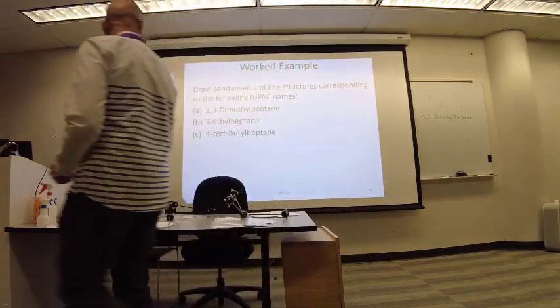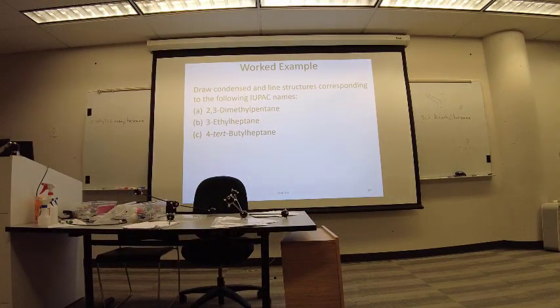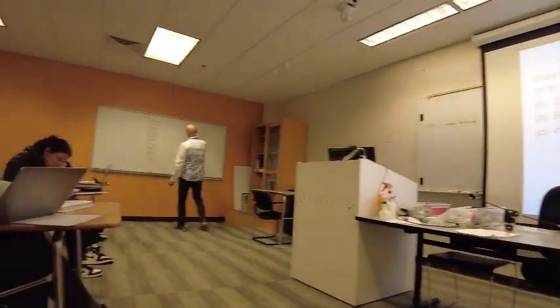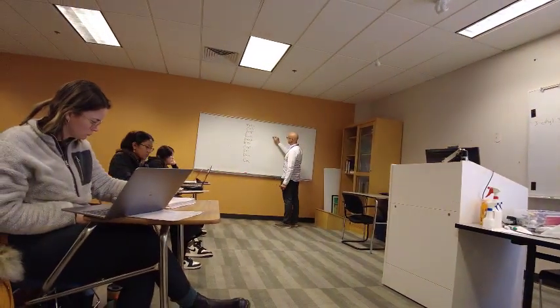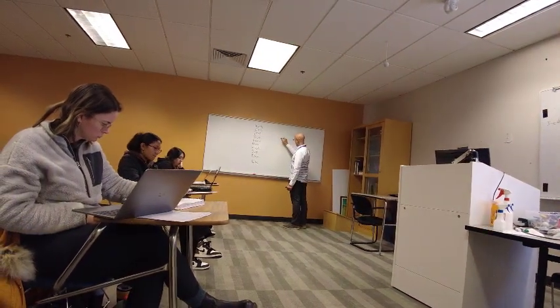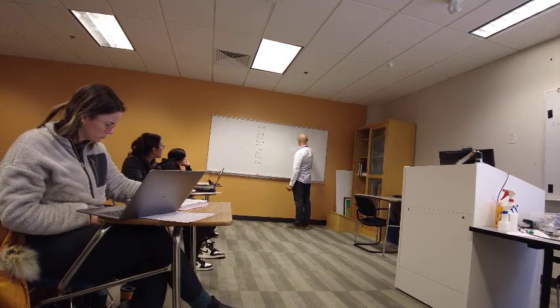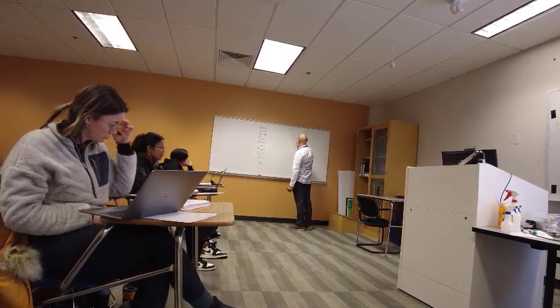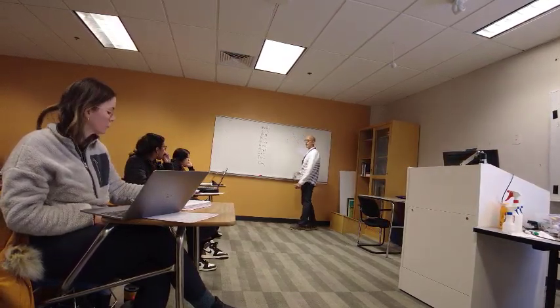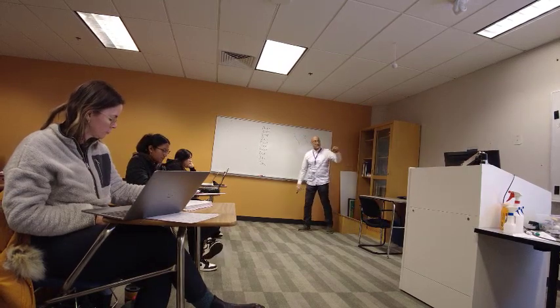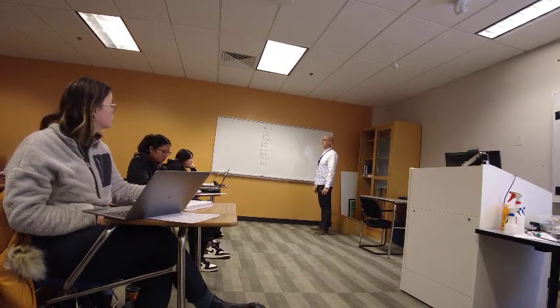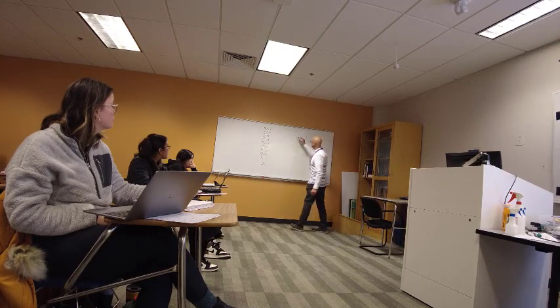Here we go. How many carbons for pentane? 1, 2, 3, 4, 5. What do I branch at 2? Methyl.